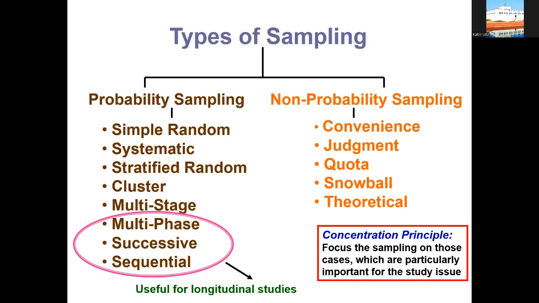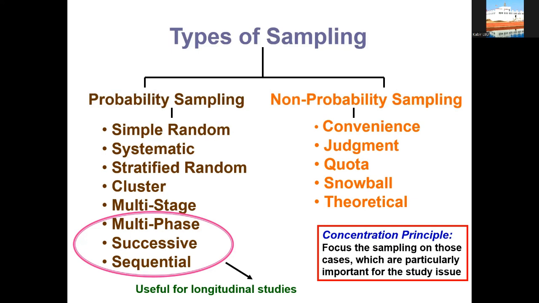When a person is interested in making a survey method or sampling method in the discipline of Buddhist study, we'll discuss in different slides. Then non-probability sampling, that is convenience, judgment, quota, snowball, theoretical. So there are five things which come under non-probability sampling.